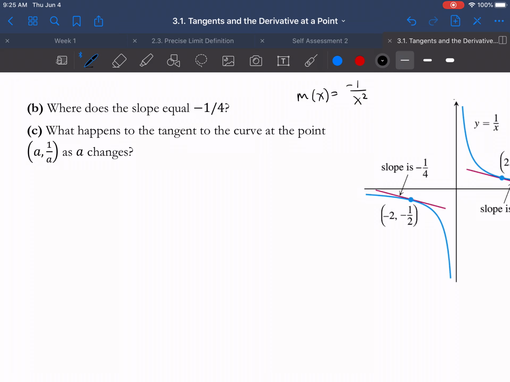So what we can do is actually plug in negative 1/4 for the slope: negative 1/4 equals negative 1 over x squared. Okay? And the negatives will cancel. And so we have 1/4 equals 1 over x squared, which means 4 equals x squared. Take the reciprocal of both sides. And then we've got x equals plus or minus the square root of 4, which is plus or minus 2.